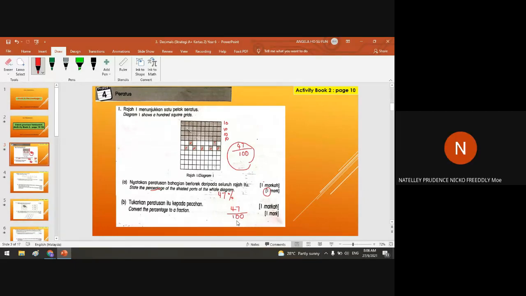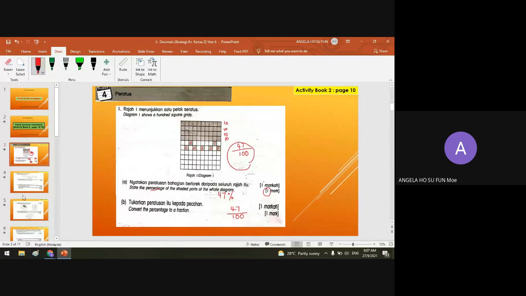No. So if no, just leave the answer like this, 47 over 100, because there is no times table that can simplify 47 and 100. This is the simplest form already. Always remember, if they ask you to write fractions, normally the final answer will be in the simplest form. Don't leave your fractions if they are not in the simplest form.